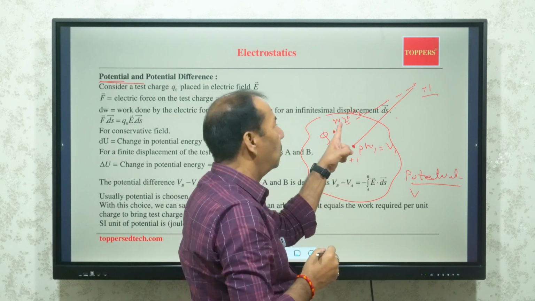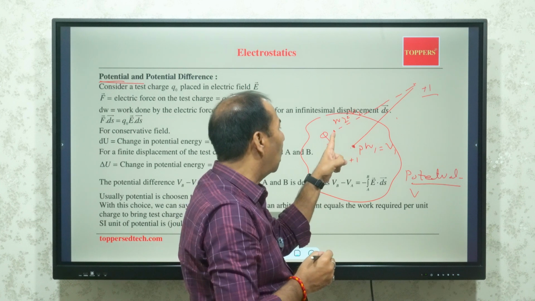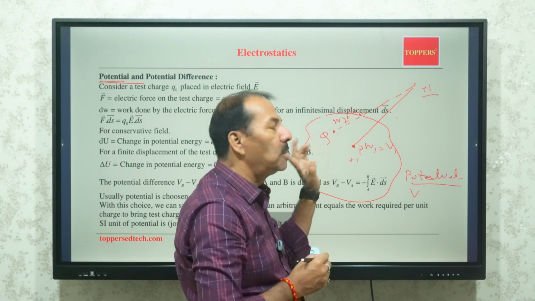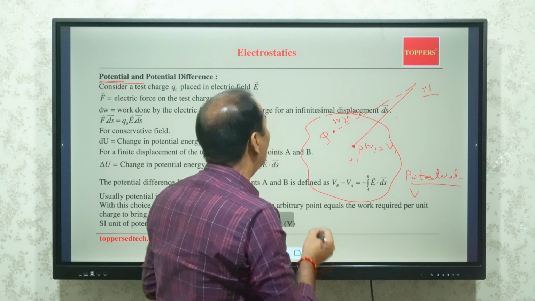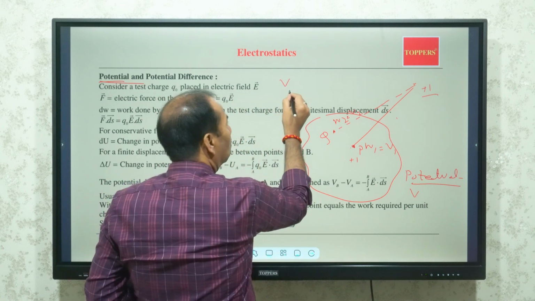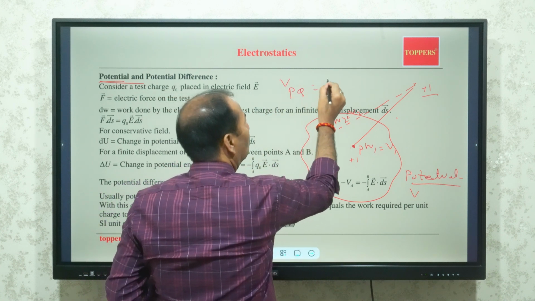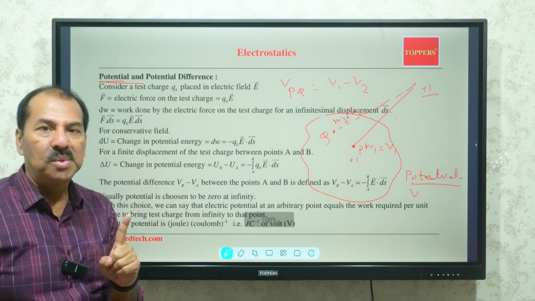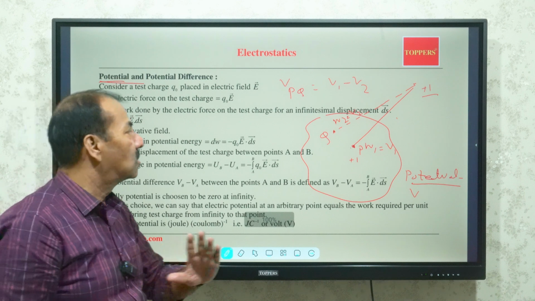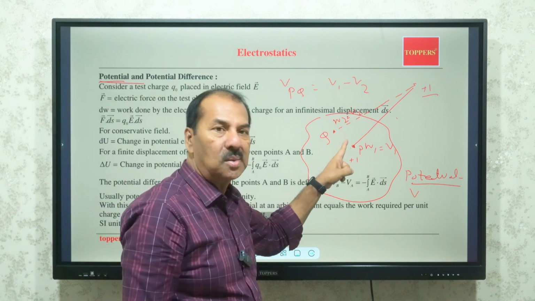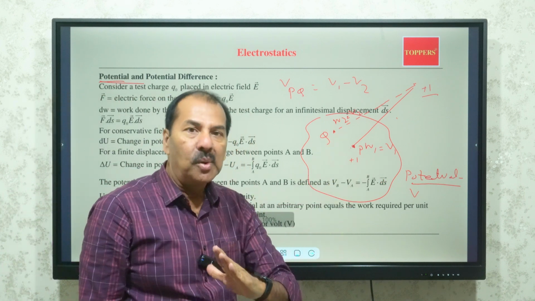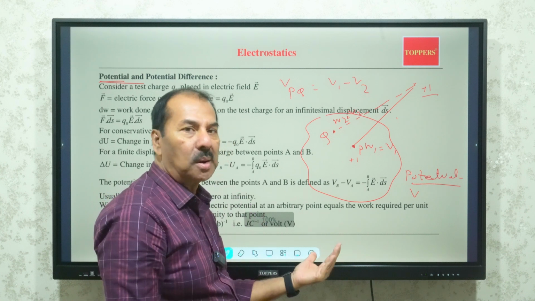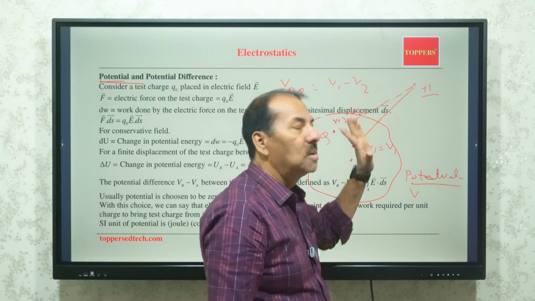Either we can say V1 minus V2, or if it is brought from this point to this point, then it will be V2 minus V1. So work done in bringing unit positive charge from point P to Q will become V1 minus V2. This is clear, and that is V1 or V2 from one point to another point. This is with respect to infinity.